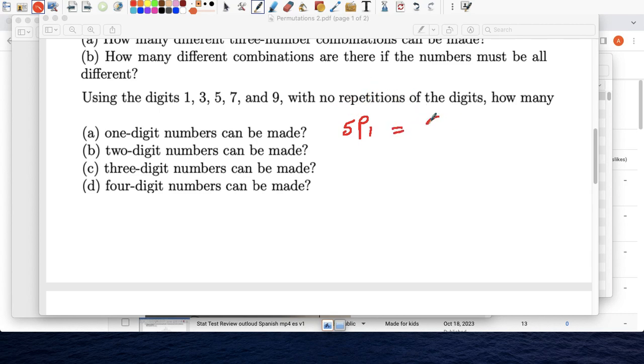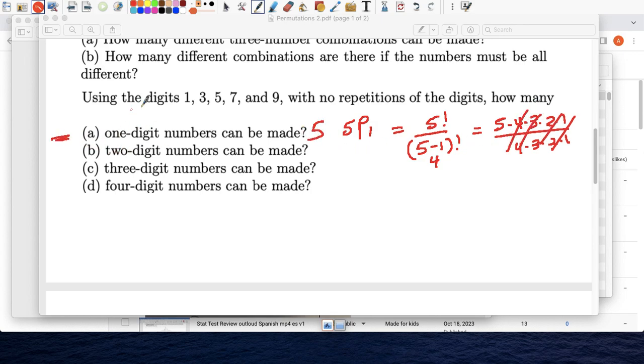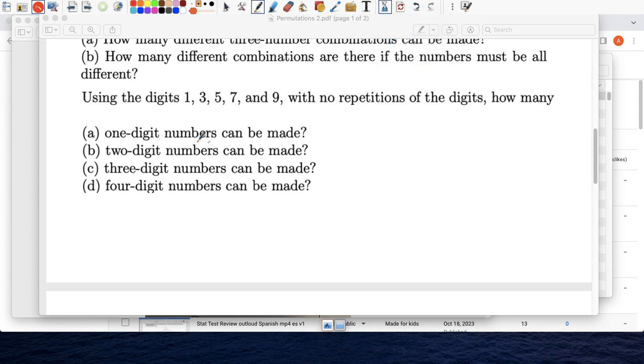Well, it's 5 factorial over 5 minus 1 factorial, right? So 5 factorial is 5 times 4 times 3 times 2 times 1. 5 minus 1 is 4 factorial, so it's 4 times 3 times 2 times 1. Cross, cross, cross, cross. And that was obvious, right? If there's only one digit and you have 5, you can have a 1, a 3, a 5, a 7, so 5 different choices. That was obvious.